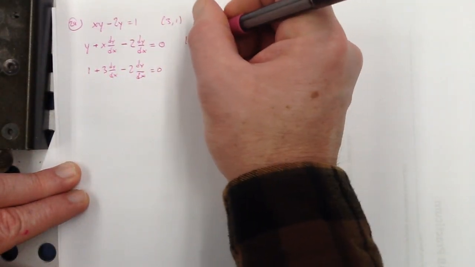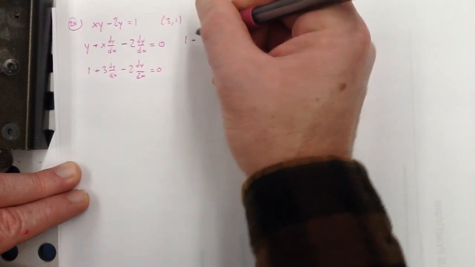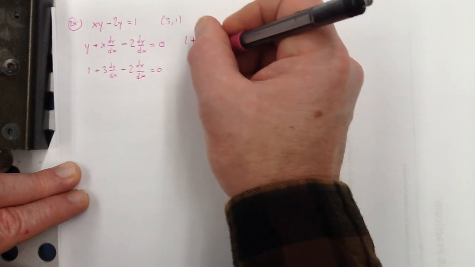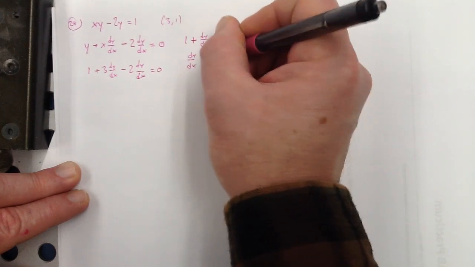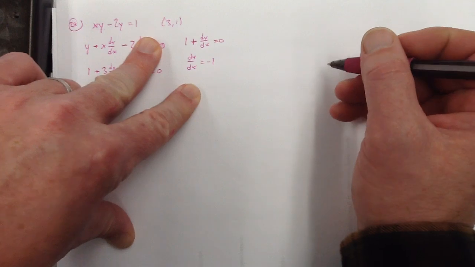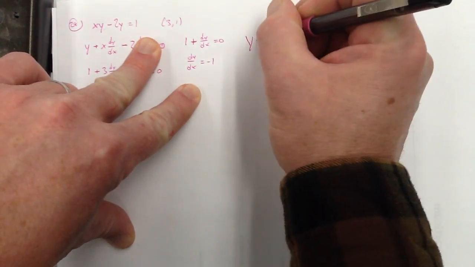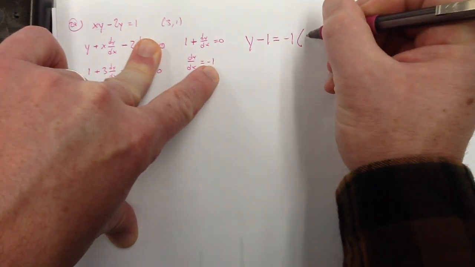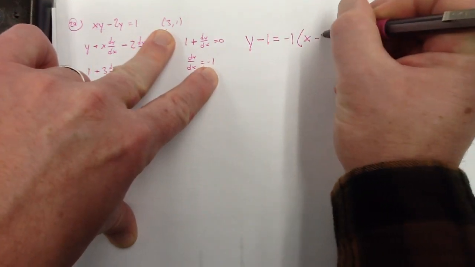So 1 minus 1 plus dy dx equals 0, so dy dx is equal to negative 1 at this point. Okay, that's my slope. So the equation for this line in point-slope form is y minus the y-coordinate equals the slope times x minus the x-coordinate.